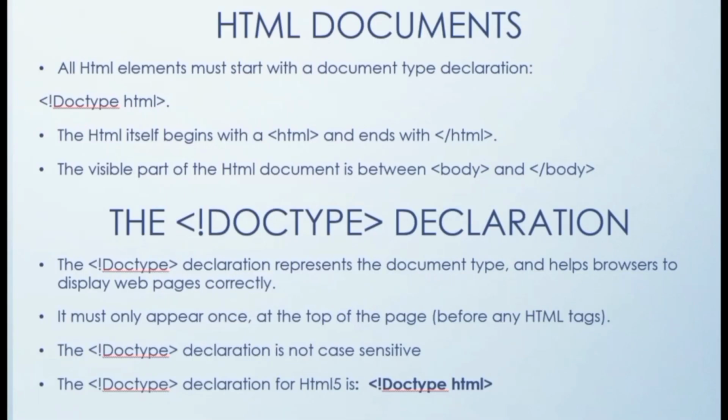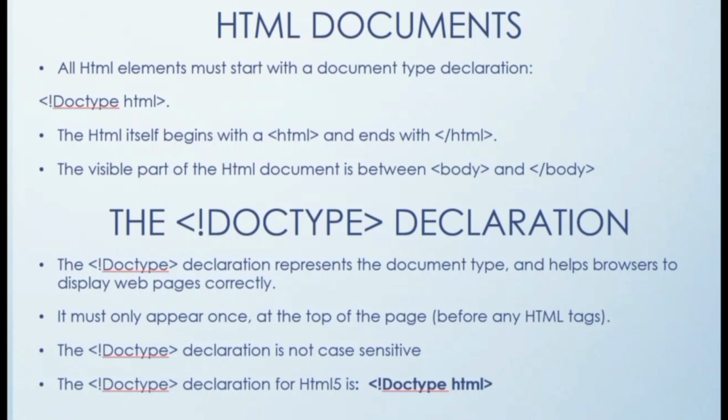First, let's talk about the HTML document. In the previous video, we talked about the Doctype HTML. We saw that the Doctype HTML is very essential because all HTML documents must start with a document type declaration, which is the Doctype HTML, as you can see on the page.